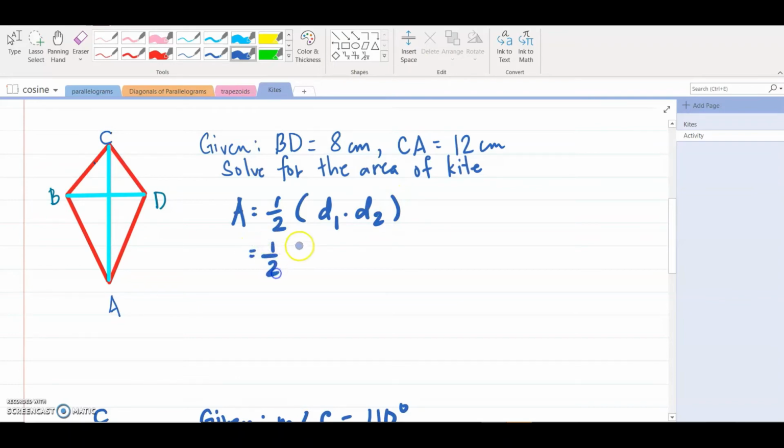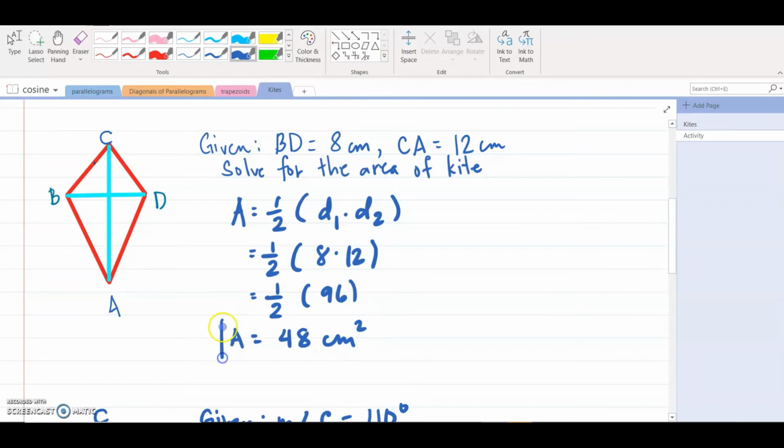So we have 1/2, 8 times 12. 8 times 12 is 96, then 1/2 of 96 is 48, so that is 48 square centimeters. That is the area of the kite.